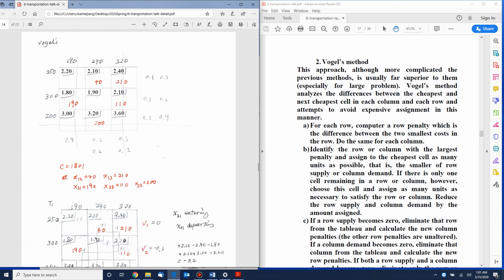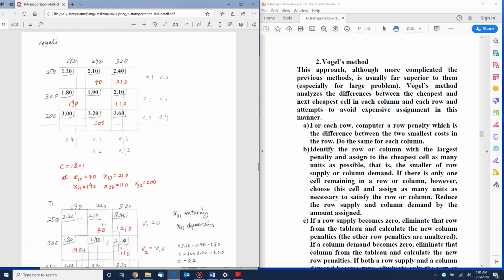Okay, so first column, the cheapest one is 1.8 and the next one is 2.2. So the difference between them is 0.4. We record it at the bottom of the column. And then the second column, the cheapest one is 1.9, next one is 2.1.